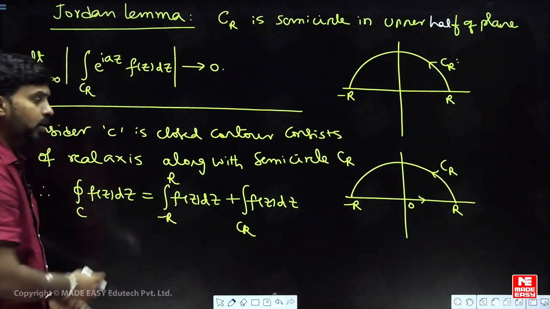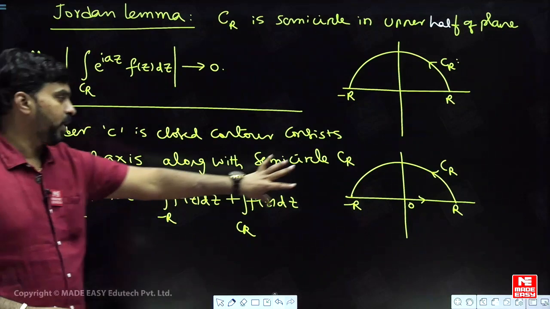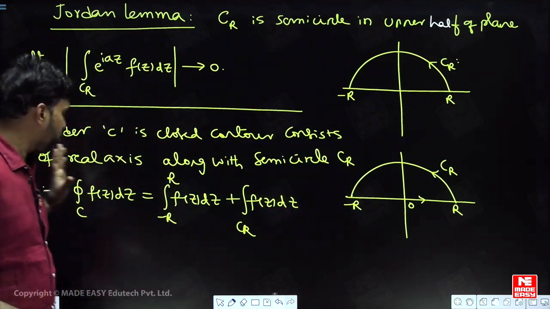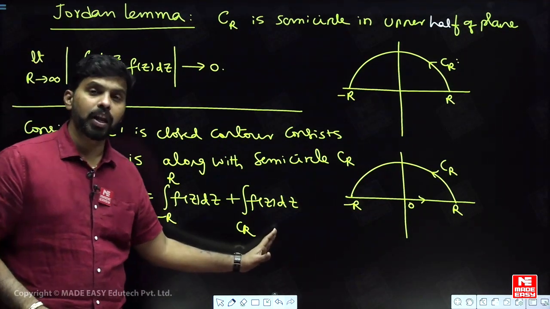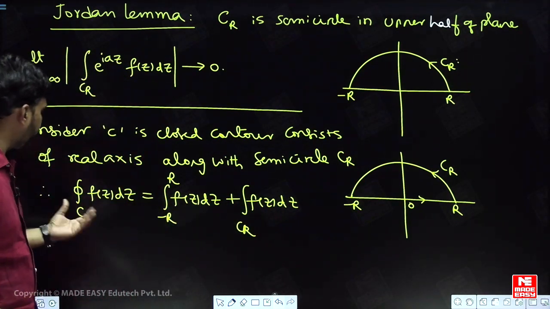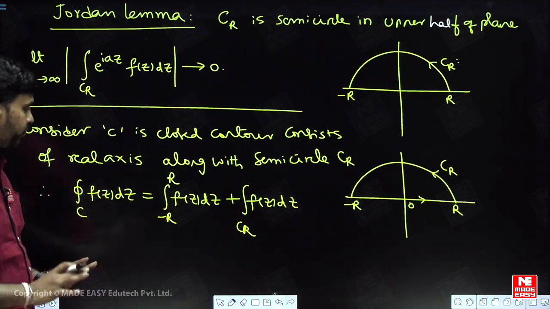That will give you the closed integral over C of f(z) dz, as it is connected by two contours. So the integral over C is given by the integral along contour 1 plus the integral along contour 2. So this will give you the integral of this function over the closed contour.